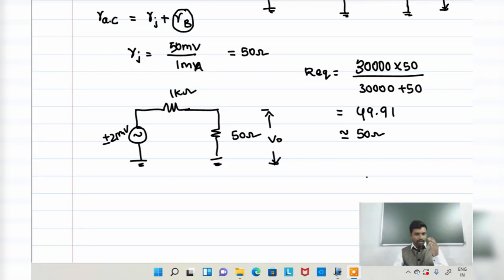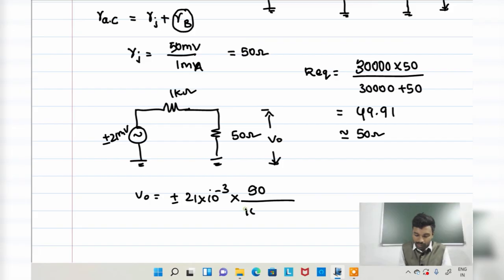Once this is the equivalent circuit, you can find the V0 value by applying the voltage division rule. V0 is equal to the supply voltage plus or minus 21 into 10 power minus 3, into 50 divided by the total resistance 1000 plus 50.